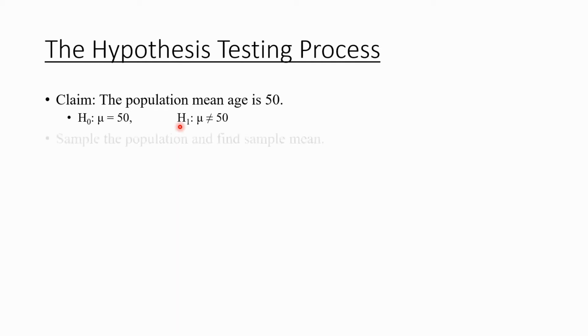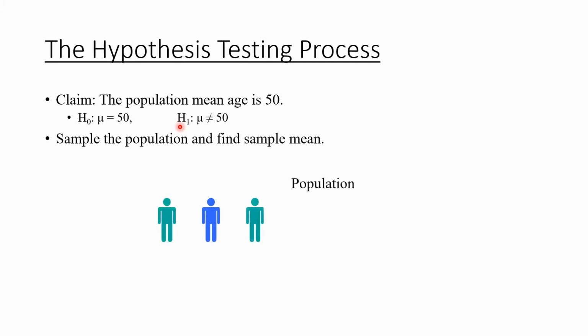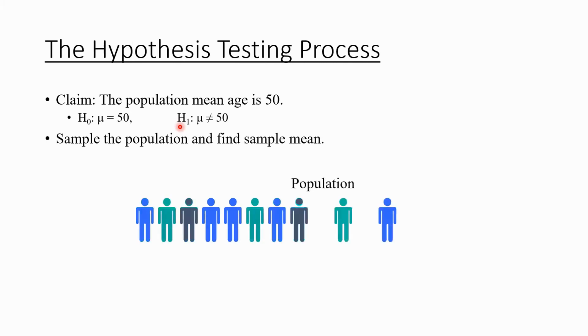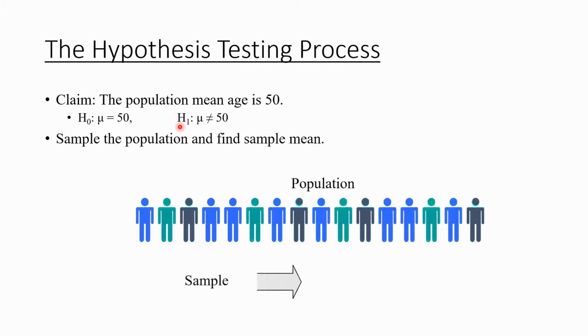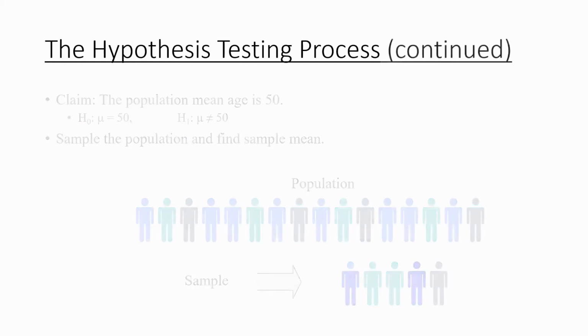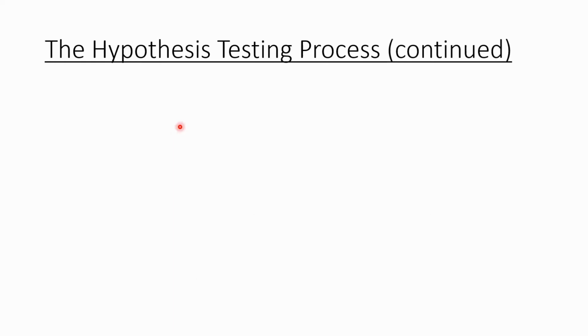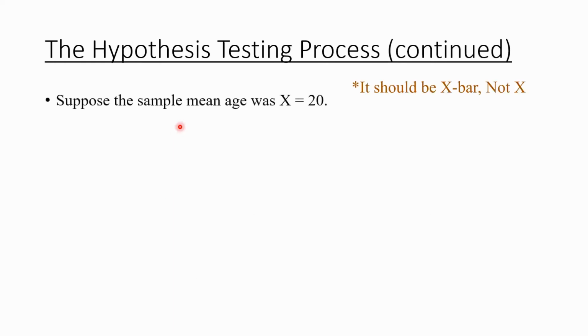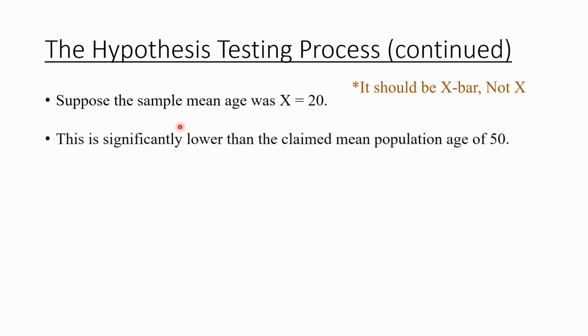So you have your population from which you can derive a particular sample, and let's assume that your sample mean was 20. Now 20 is significantly lower than the population mean of 50.